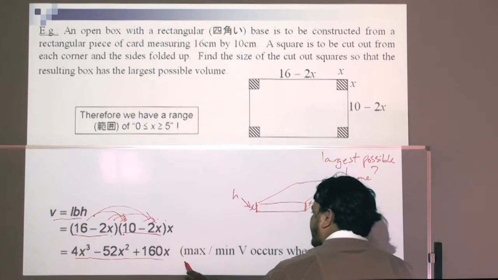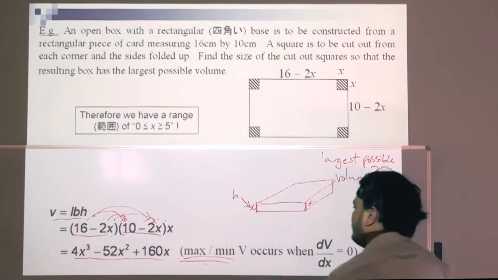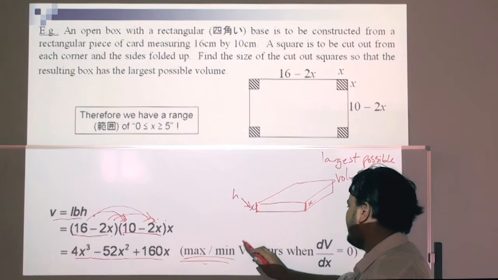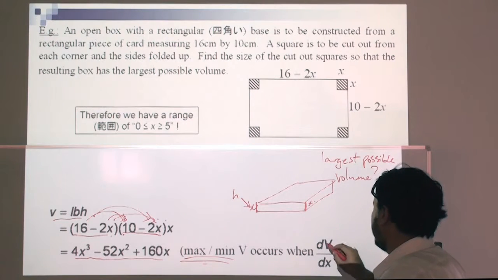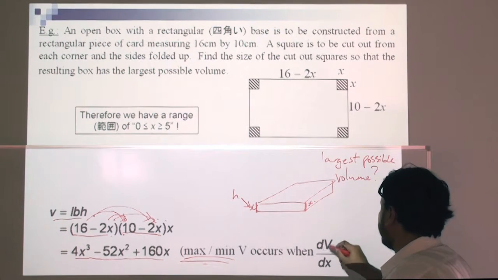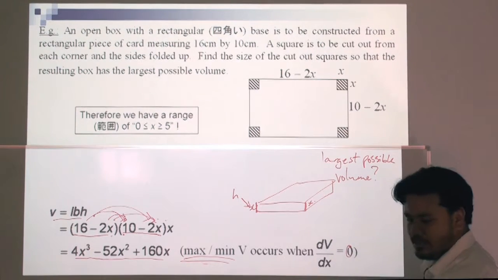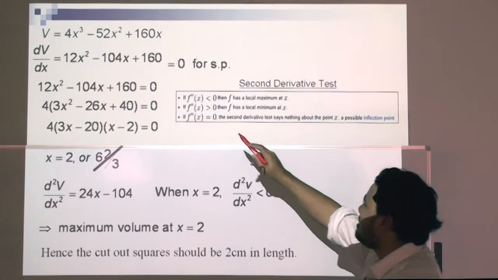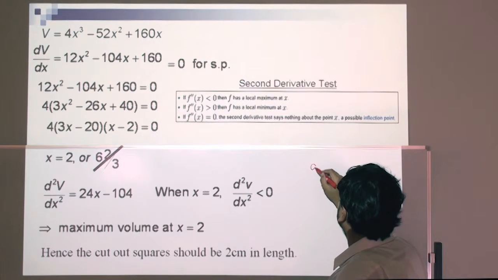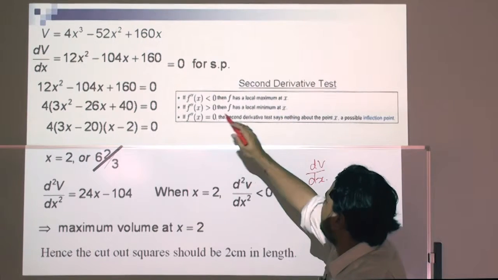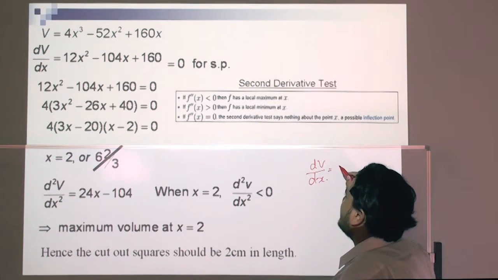And now here's something we need to take account of. The max or minimum value of V occurs when dV over dx is equal to 0. What does that mean? It means that once we find the derivative of V with respect to x, we'll use the power rule.